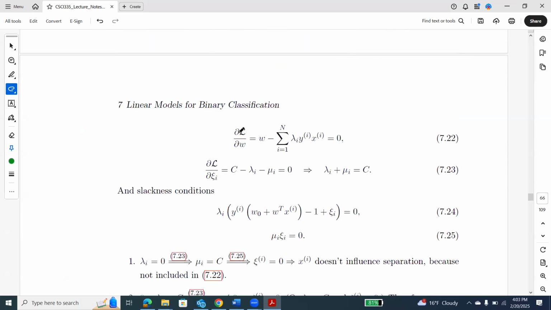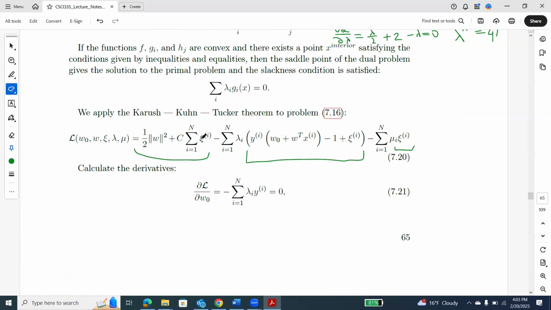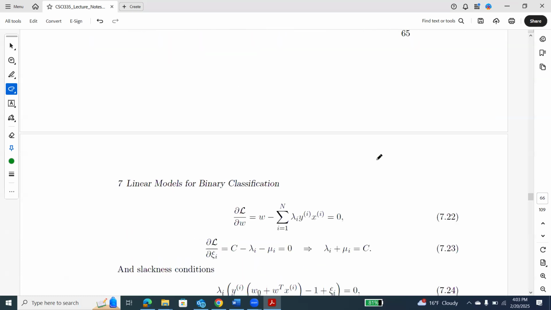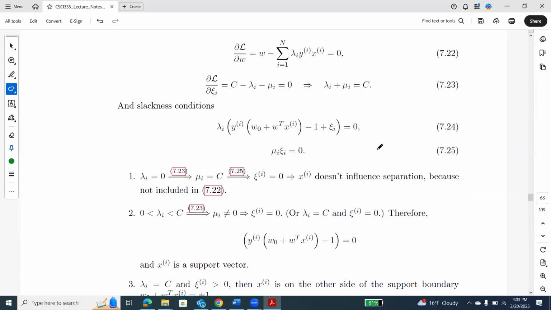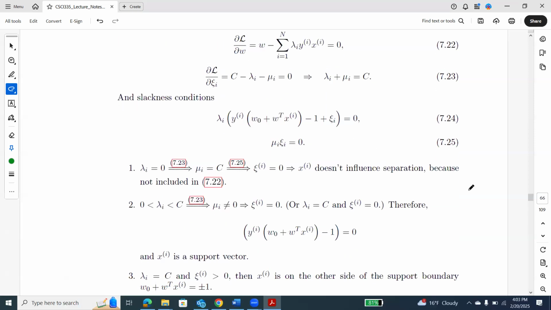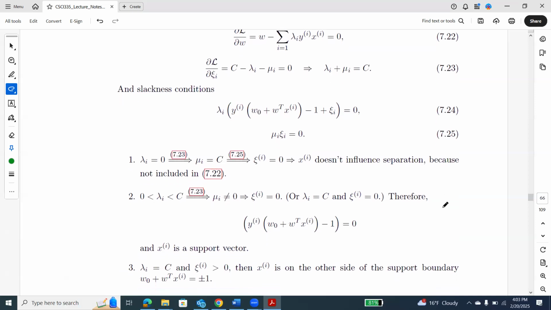And the derivative with respect to xi gives us C minus lambda minus mu. Now we just should solve these equalities.